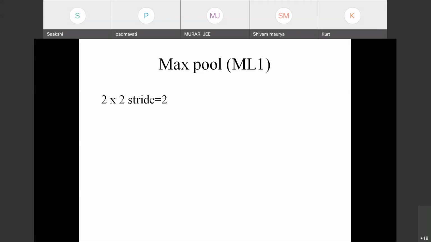That means they will be keeping a 2 cross 2 window on each of the images of the input, and they will be extracting the maximum value out of that. So approximately it divides the height and width by 2. So it comes out to be 112 multiplied by 112 multiplied by 64. Correct? So I will pause here.